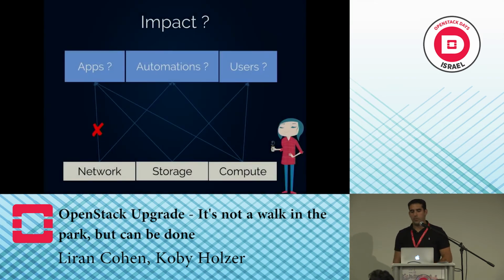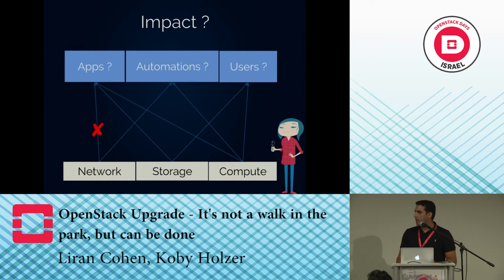Okay, so one of the key elements for a successful cloud upgrade planning is understanding the impact of the upgrade on your cloud. You need to understand deeply the impact that any component that you are going to upgrade will have on your apps, which is the services you are running on top of your cloud, any automations that you are running inside your cloud, and the end users that are going to be impacted by the upgrade itself.